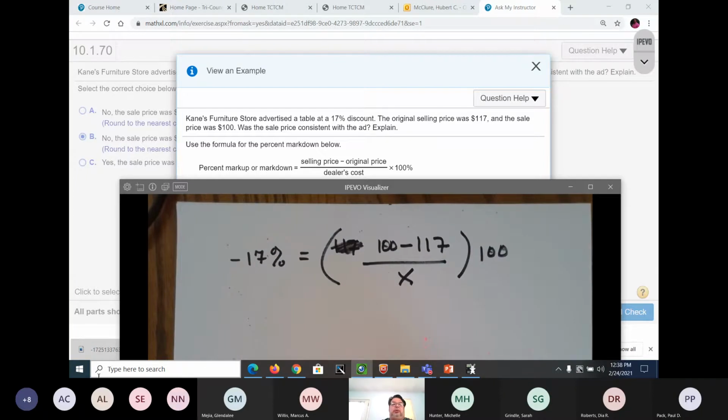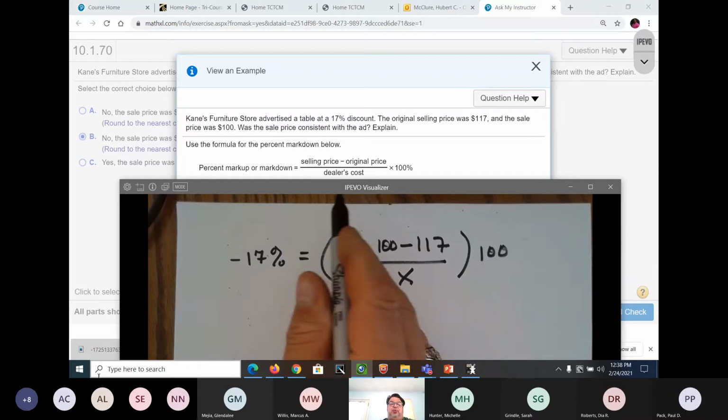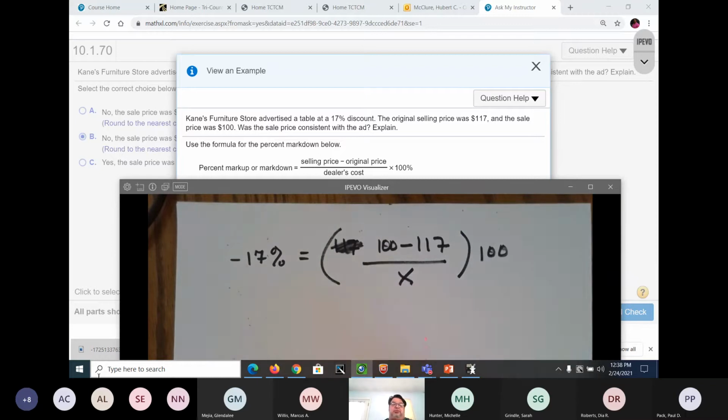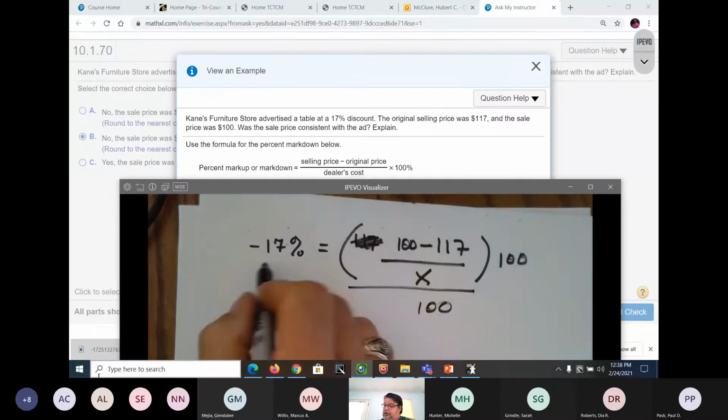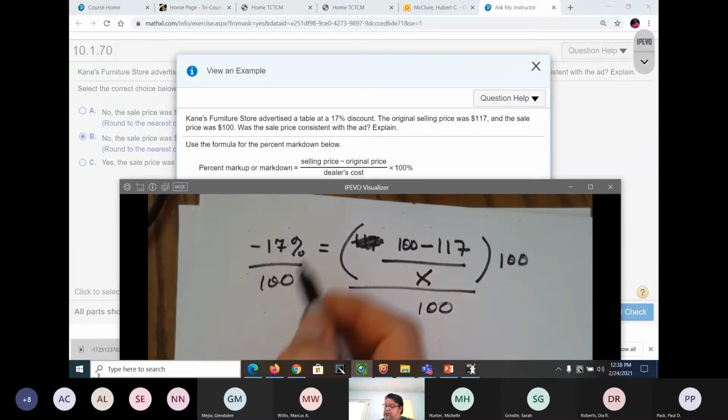Now, what was the sale price? And see, we don't even know, we haven't even been introduced to dealer's cost. I mean, divide by 100, divide by 100, that'd be negative 0.17.